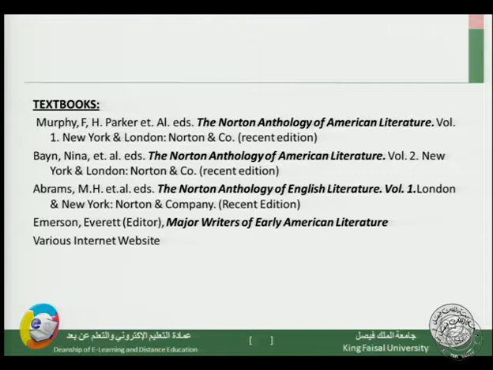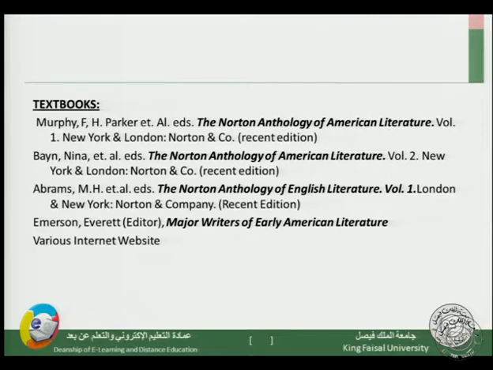The Norton series is one of the most important, most common and famous series in English literature in general, whether it is American or Canadian or Australian or any other type of literature. But talking particularly about English and American literature, the Norton Anthology is a really famous series.